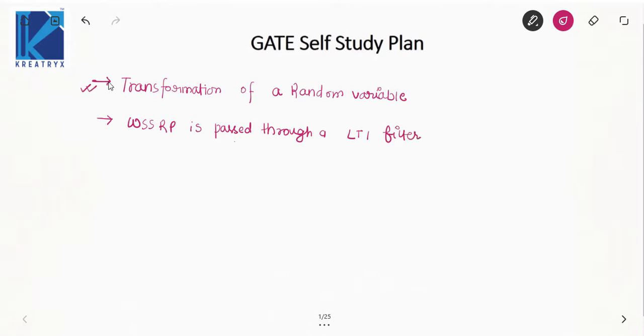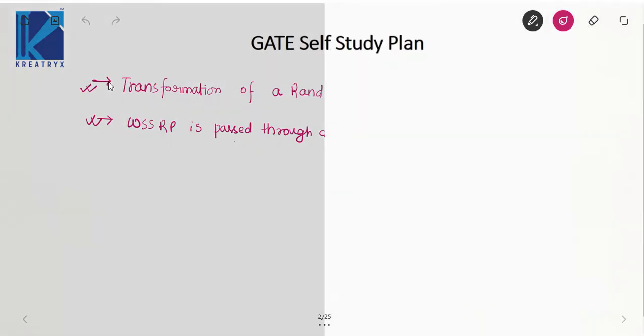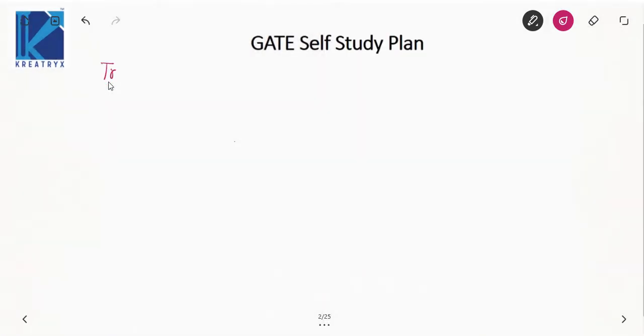So we'll cover these two topics. So let's start from the first topic, which is transformation of a random variable.